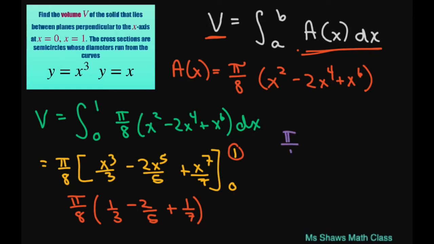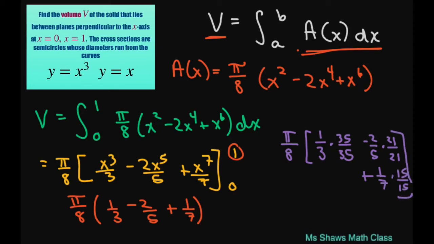All right. And then you can use a calculator or do some simplifying here. So one way to do this is get your common denominator. We can do this by 1 divided by 3 times 35 divided by 35 minus 2 divided by 5 times 21 divided by 21 plus 1/7 times 15 divided by 15.